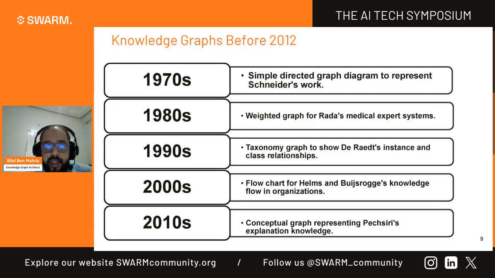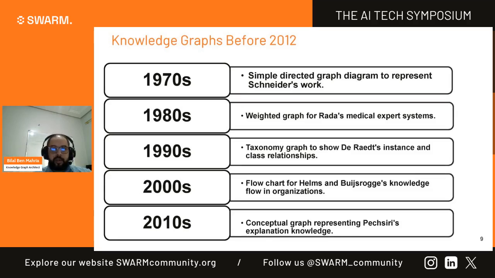we can understand that each era, in fact, has its own specific definition. In the 1970s, you can find a graph as a simple directed graph diagram to represent Schneider's work. What does that mean? It's representing the instructional courses and these things. Then in the 1980s, we have the weighted graph term. Then in the 1990s, people started to use the term taxonomy.